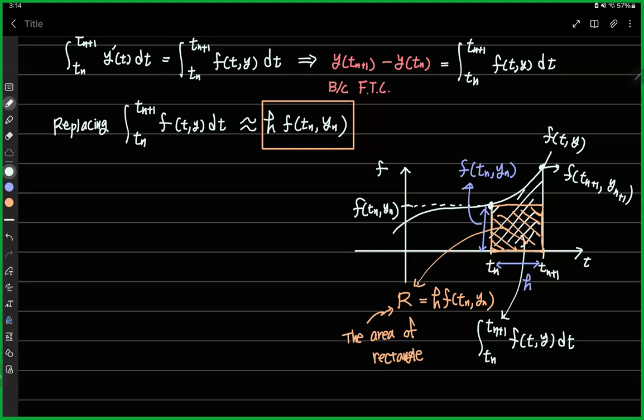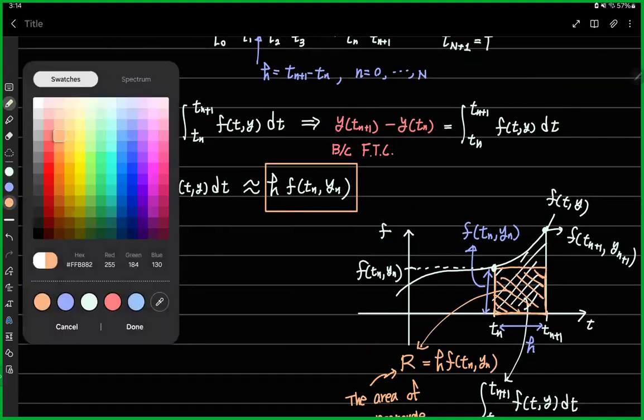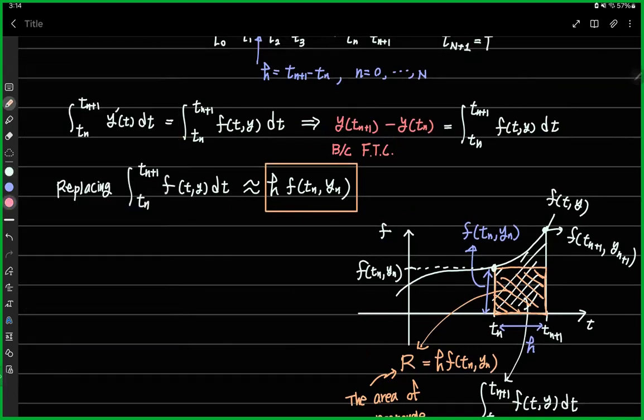So now that we got this one, you see this one in this formula. What we just did is isolate the y of t n plus 1, so move y of t n to the right-hand side, and then replace that integral with this one, which is the approximation, I mean the area of the rectangle.